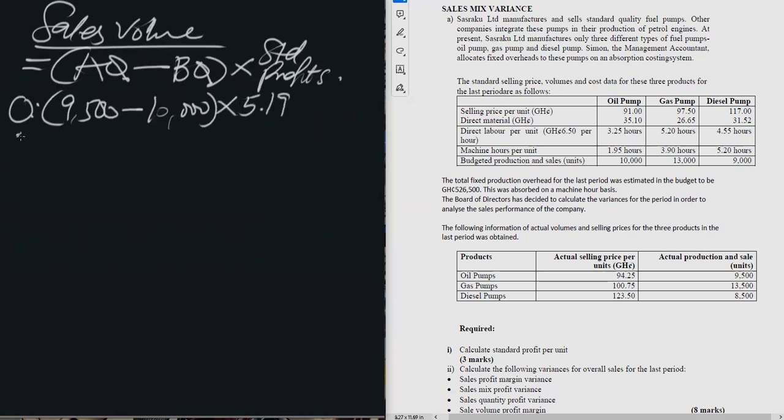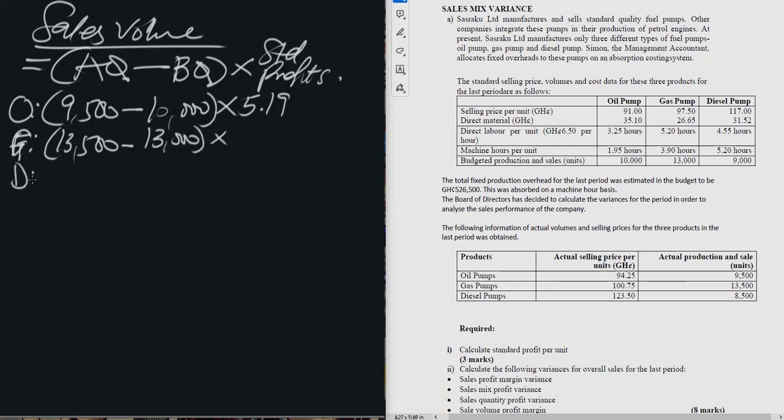Then when we come to gas pump, I have a quantity of 13,500, but the standard quantity or budgeted quantity is actually 13,000 units, right? Then you multiply by the standard profit.